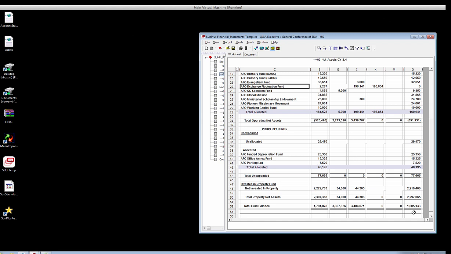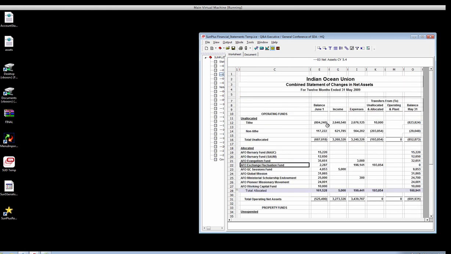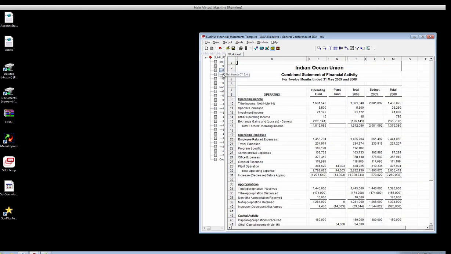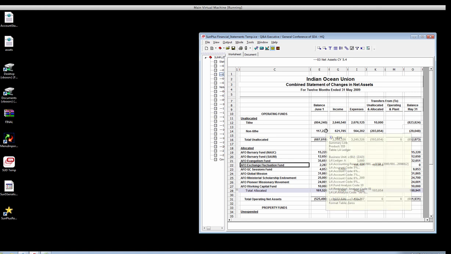So with $1,605,133, fortunately this is a lot easier to find the mistakes, because this slightly corresponds with the income statement. So we get our balance sheet right first, then our income statement, and then this is sort of a piece of cake because it's numbers. It's easy to figure out where the problem is.